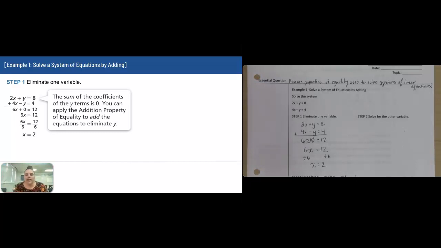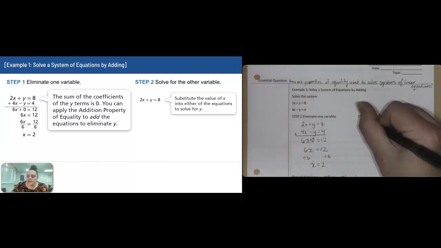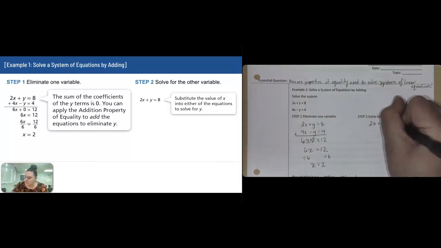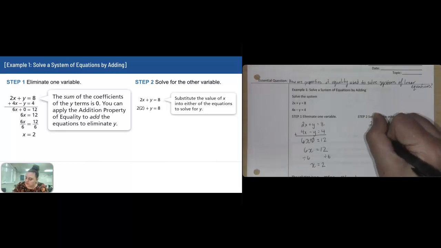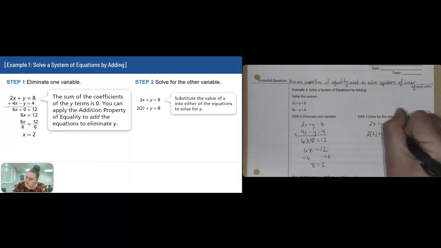Now we can take that x equal to 2 and solve for the other variable. We'll do that by plugging 2 in for x into either of our equations. In this case, we're going to substitute it into the top equation, 2x plus y equals 8. Again, we know that x is 2, so we simply put that in. 2 times 2 plus y equals 8. 2 times 2 is 4.